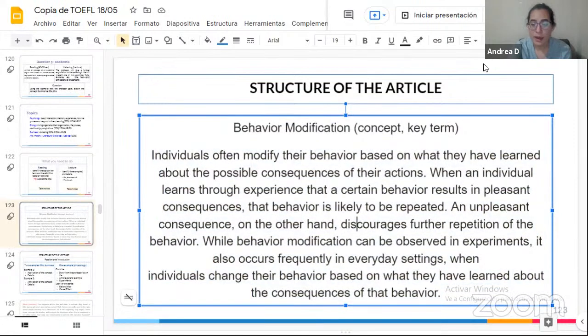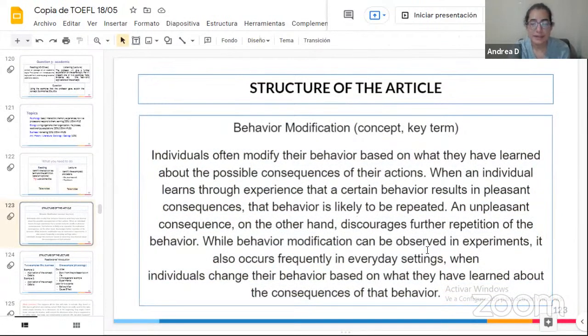Now, everything else, apart from the definition, I'm not saying it's not important and it's not going to help you, but you won't have time to mention that stuff, okay? So you just have to leave some things behind, to be honest, and prioritize, and make sure to mention the most relevant information.